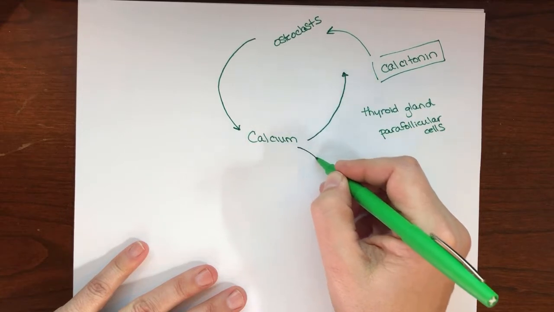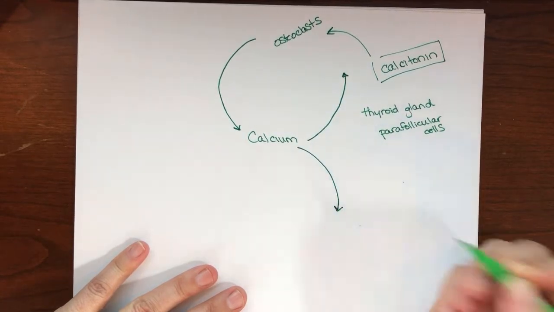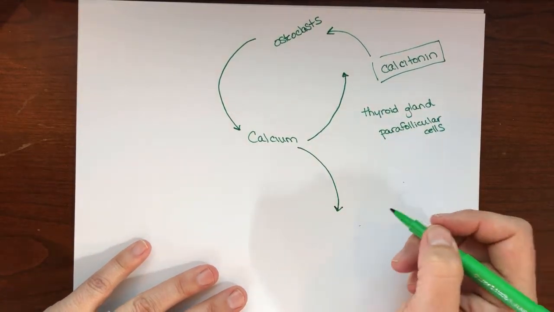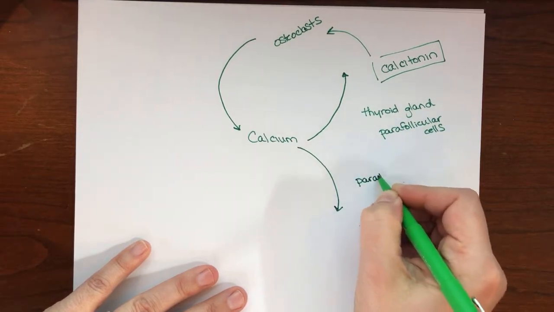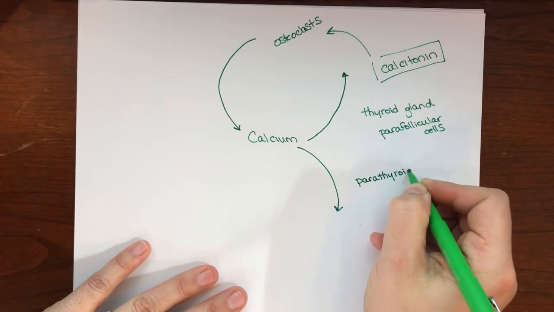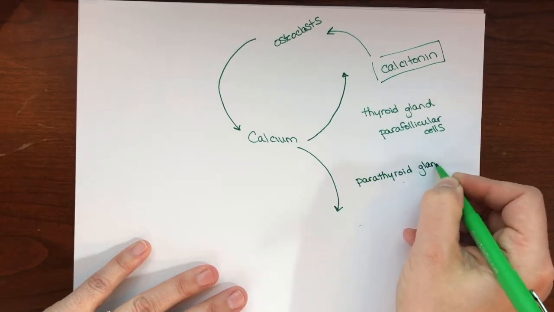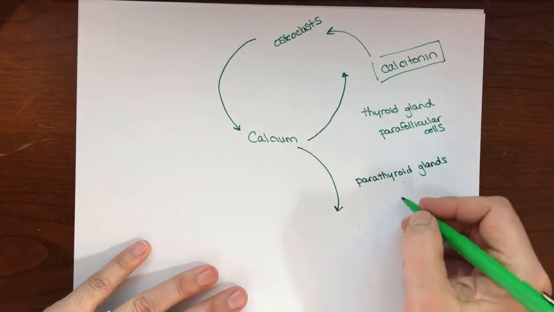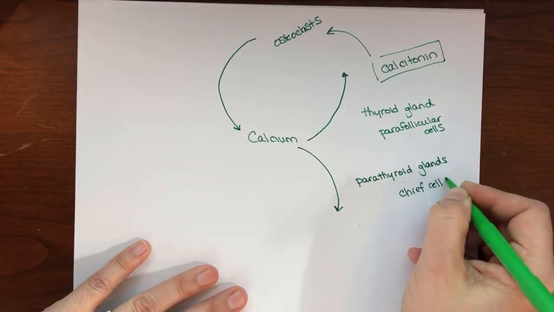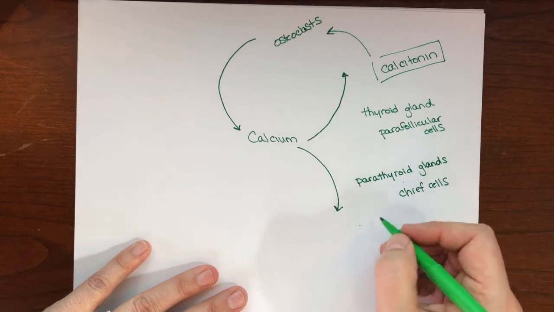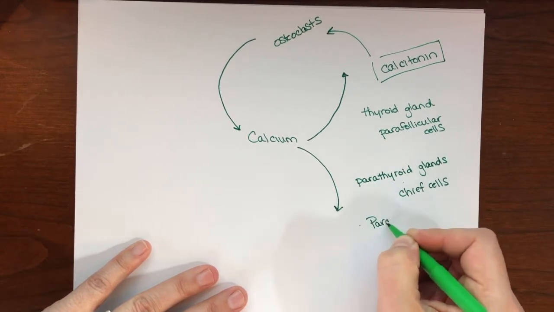However, if that calcium level falls too far, it's going to actually stimulate another gland, the parathyroid glands. There are cells on the parathyroid gland called chief cells, and they're going to produce the hormone parathyroid hormone.